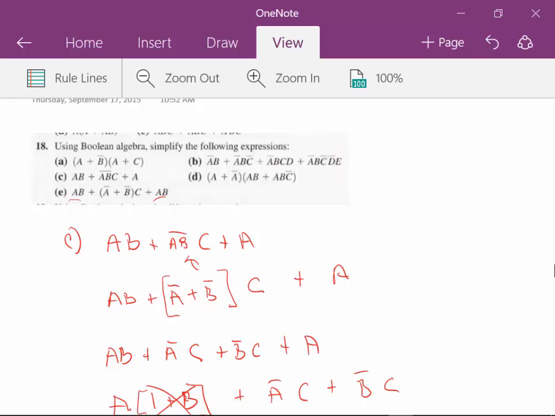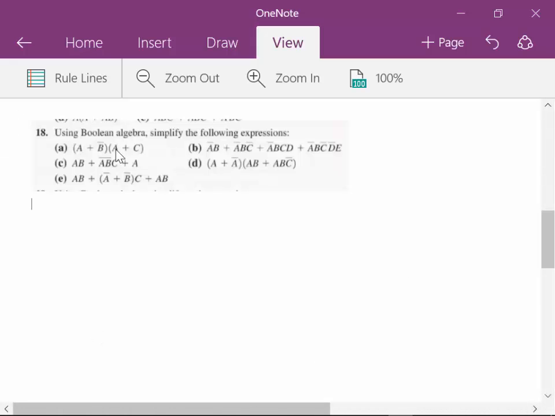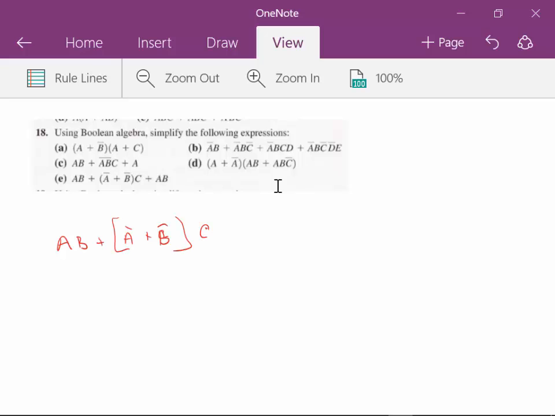I'm going to repaste that just so that I don't have to keep going back and forth. And I'm going to look at E. E is AB plus (A naught plus B naught) times C plus AB.